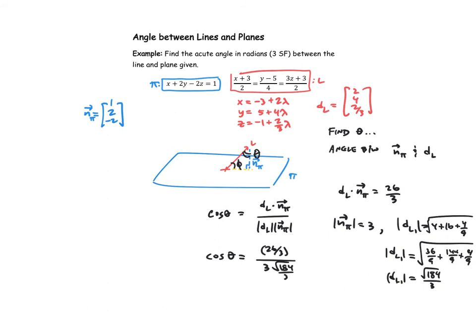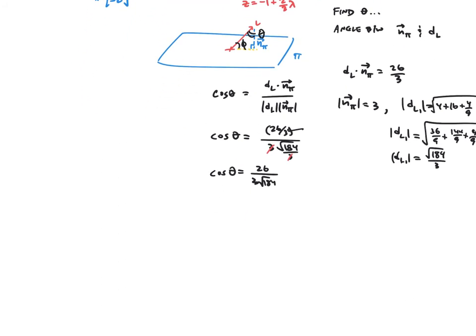I can clearly see that these 3's will reduce. I'm going to bring this 3 right here down into the denominator, so the cosine of theta will be 26 over 3 root 184. I'm going to do a quick calculation using inverse trig. So theta will be equal to the inverse cosine of 26 over 3 times the square root of 184.